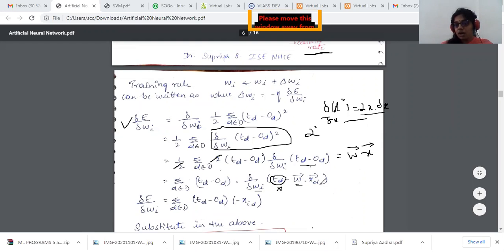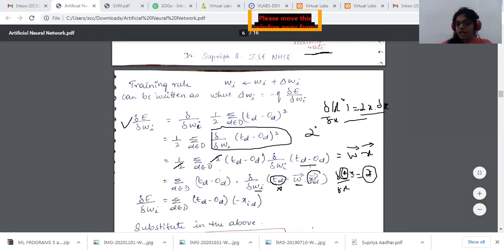But there is a dependent term with respect to W over here. So delta of something with respect to delta X is basically, suppose I have 1 into X, I'll just get a value of 1. If I have 2 into X, I'll get a value 2. Whatever the value over here is, I put it over here.